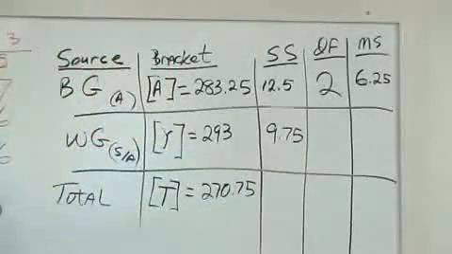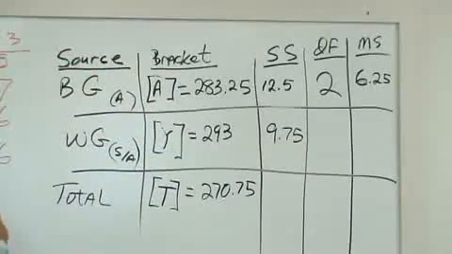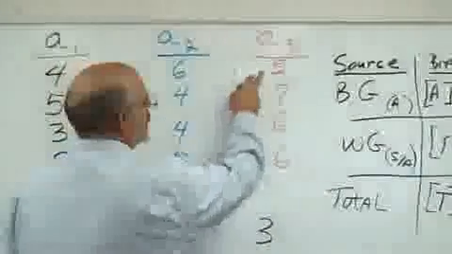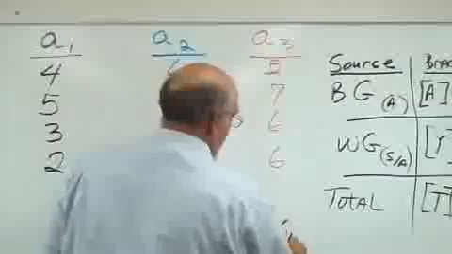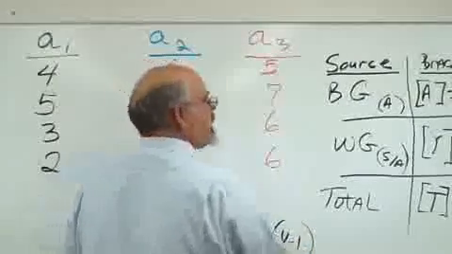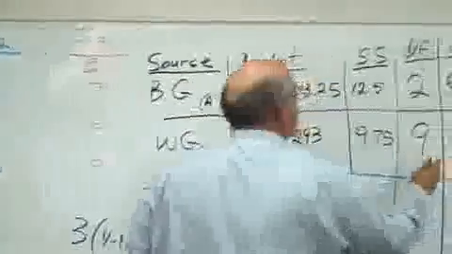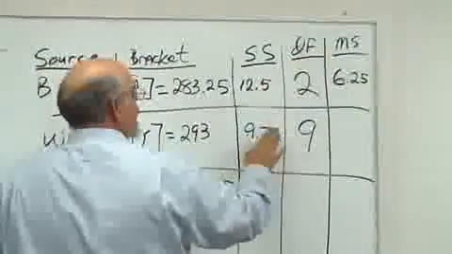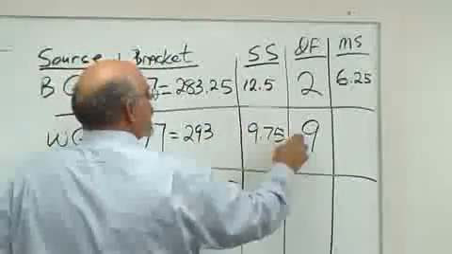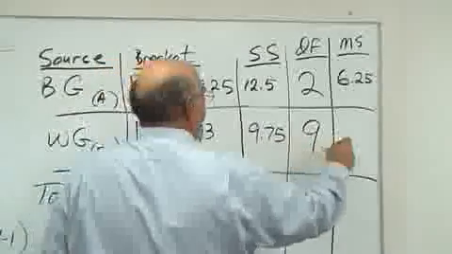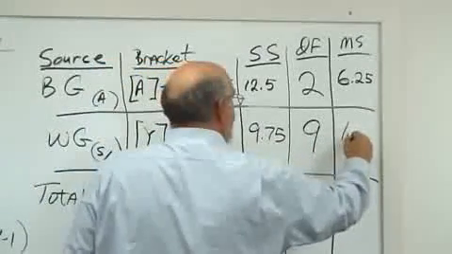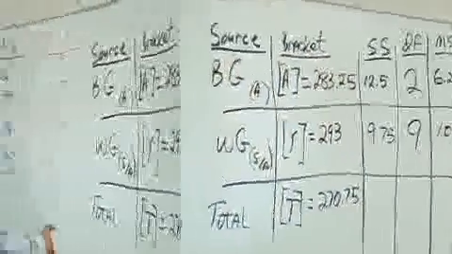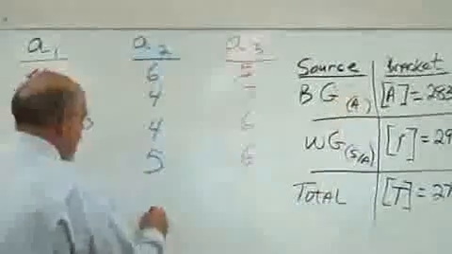A is 1, 2, 3. N minus 1. N is the number per group. So that's 3 times 4 minus 1, which is 3 times 3. That's 9. And then the mean square of this is the sum of squares divided by the degrees of freedom. And that comes out to be 1.08 roughly.